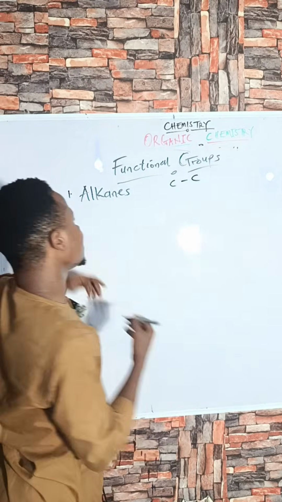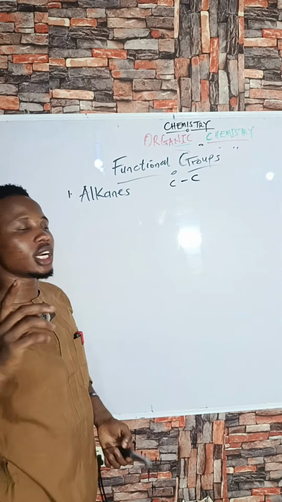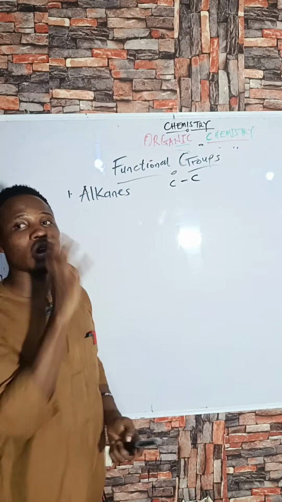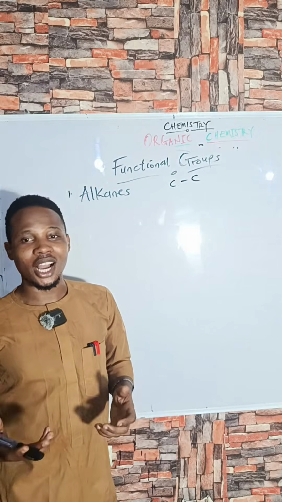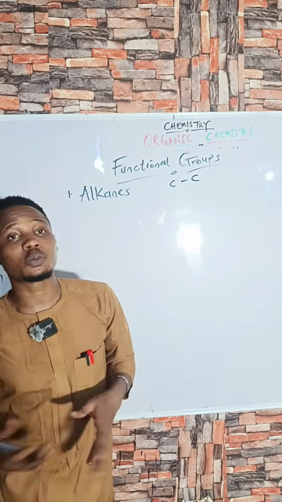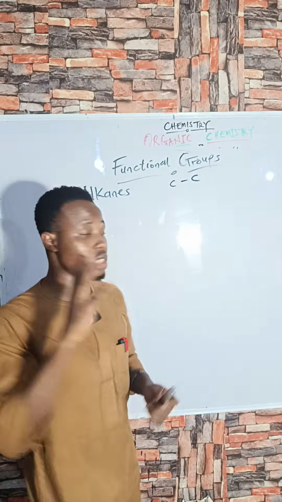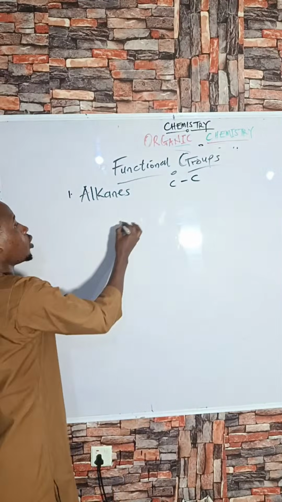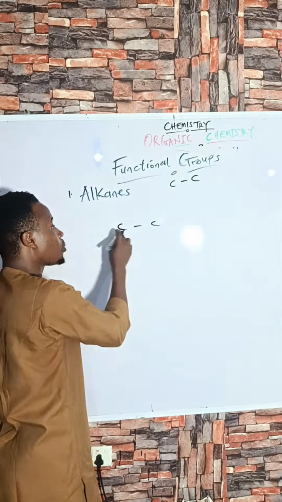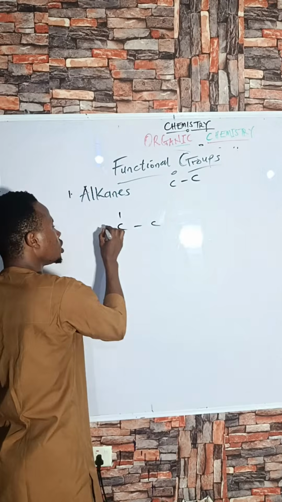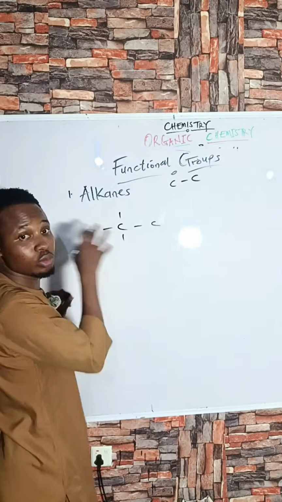That now brings me back to quickly explain to you: anytime you want to draw an organic compound, because many of you have a problem with drawing organic compounds, the principle is that each carbon must have 4 bonds. If I want to draw this compound, I already have a bond here. So for this carbon, 1, 2, 3, 4, for it to be a single bond all through.